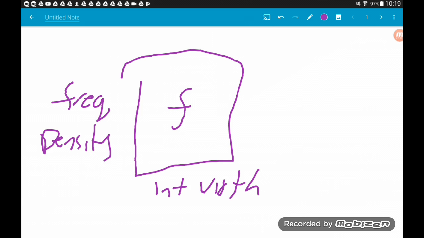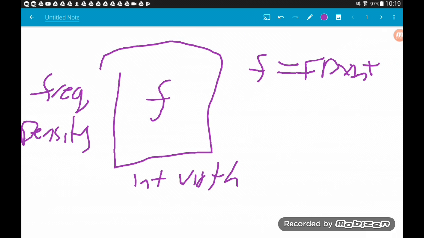That simplifies things to the area of a rectangle. Frequency is frequency density times the interval width. We can then rearrange that formula to get whichever one of the three things we want.